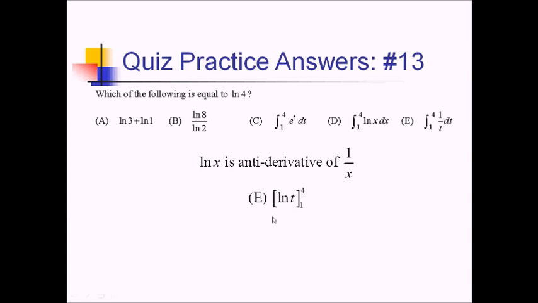So if I take my anti-differentiated function here, plug in 4 and 1, I end up with this. But you might be saying, hold on a sec, where did the ln of 1 go? Well, ln of 1 is just 0. So this is really just ln of 4 when you get down to it, which gives us answer choice E.